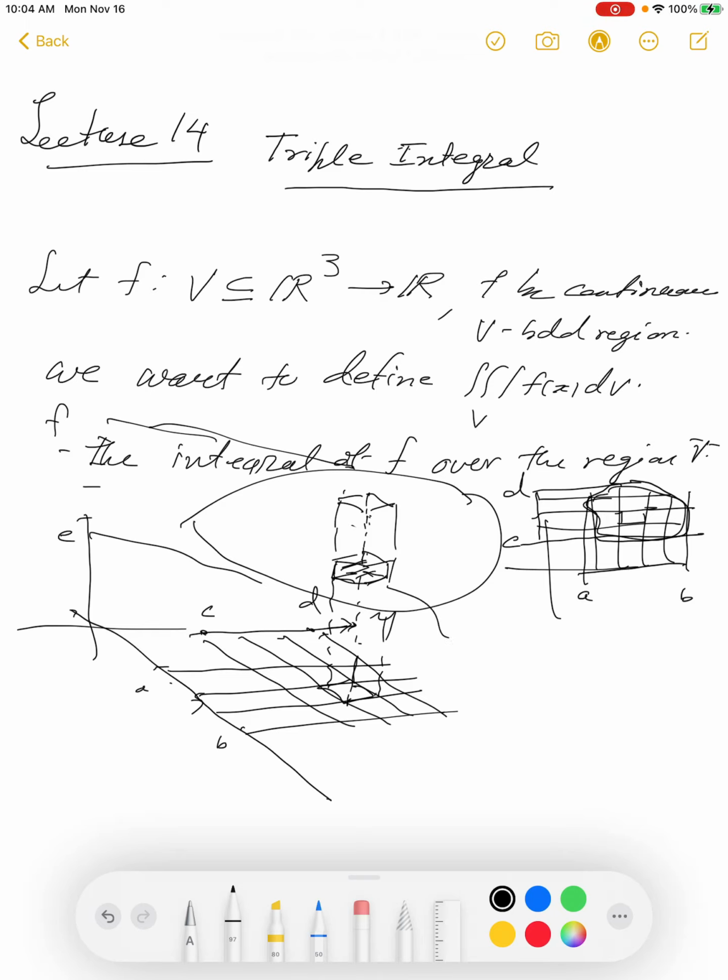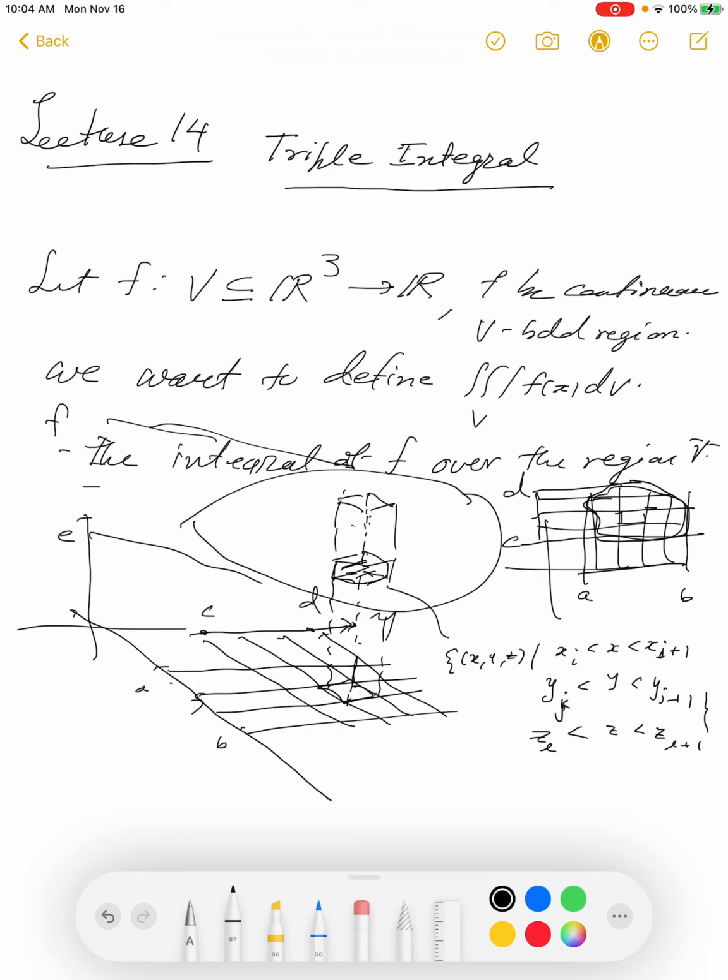and this I will write as the set of points x, y, z such that x is between x_i and x_{i+1}, y is between y_j and y_{j+1}, and z is between z_l and z_{l+1}.